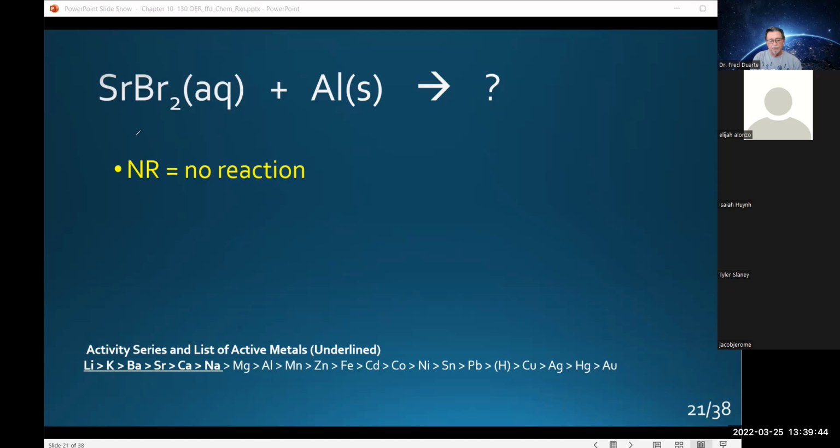So we have here strontium, which should be a solid, plus let's call this aluminum bromide. The question is, would that reaction proceed? You go through the same process. We know that strontium is a lot more reactive than aluminum.